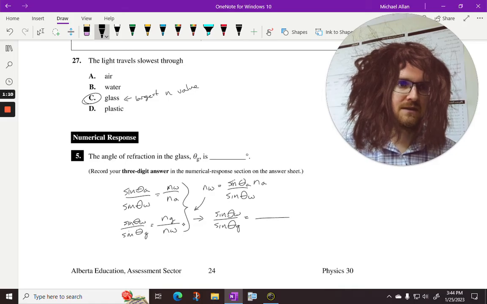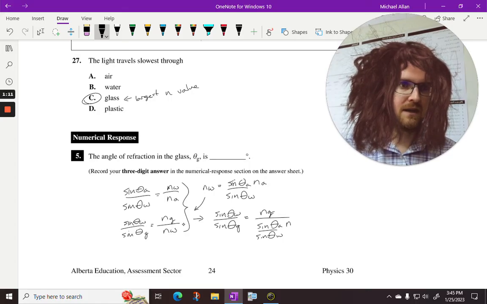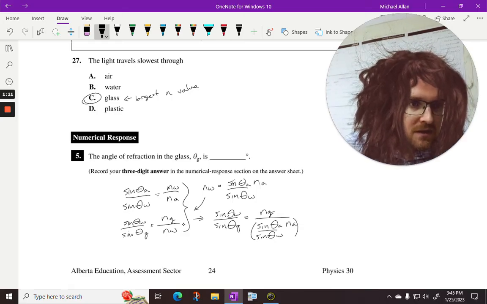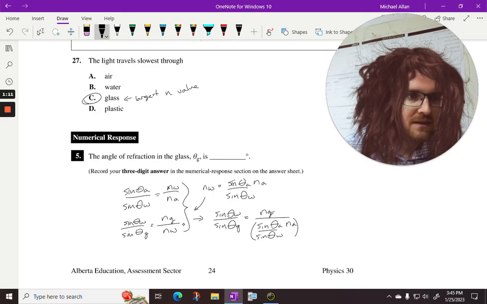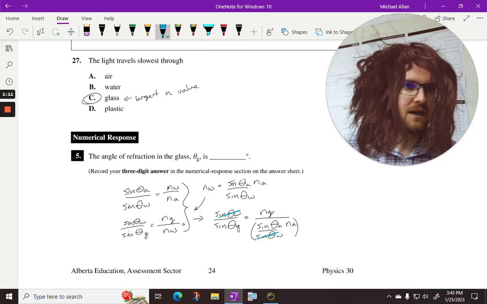And then on this side, we get NG over the bottom here, sine theta A sine W. And then we got NA here. Okay. And then what we can do is times this bottom piece up over to the other side, and these NWs are going to cancel out.